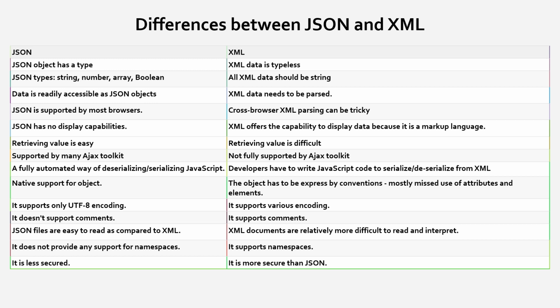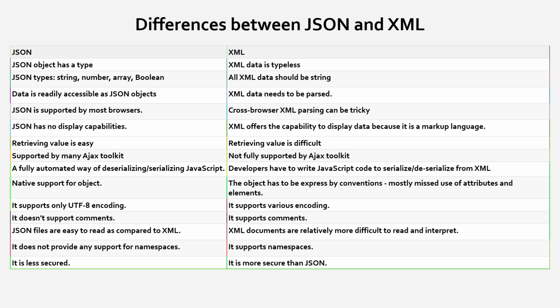JSON supports only UTF-8 encoding, whereas XML supports various encoding techniques. JSON won't support comments, whereas XML supports comments. JSON files are easy to read compared to XML.